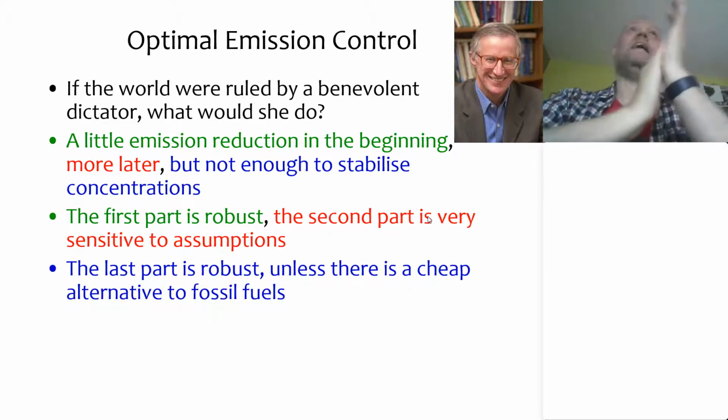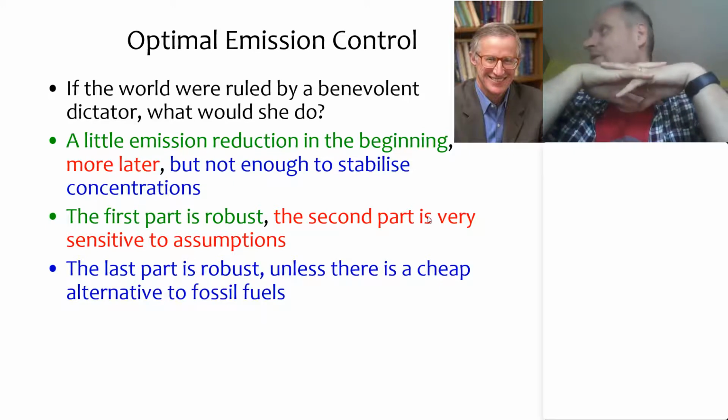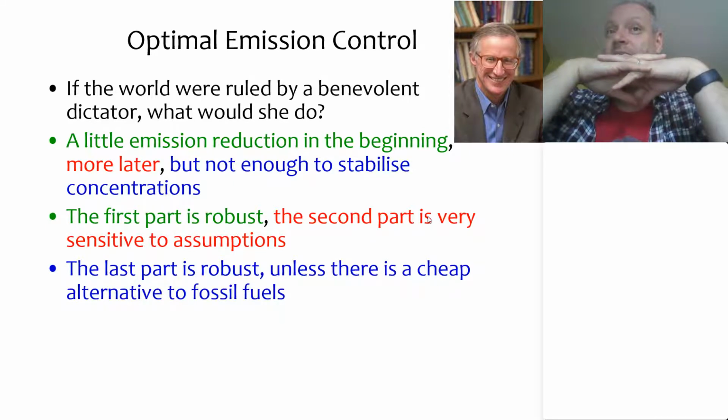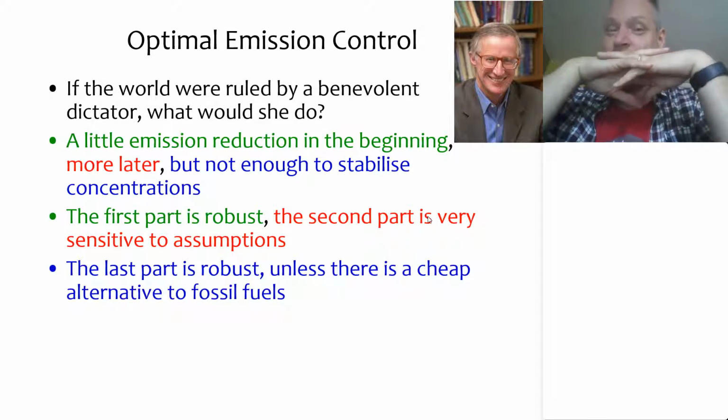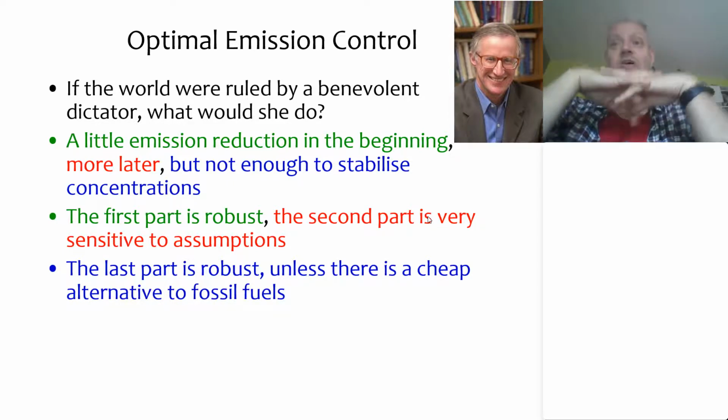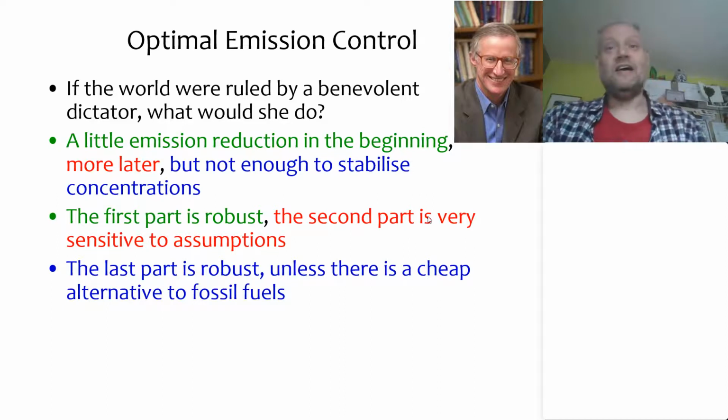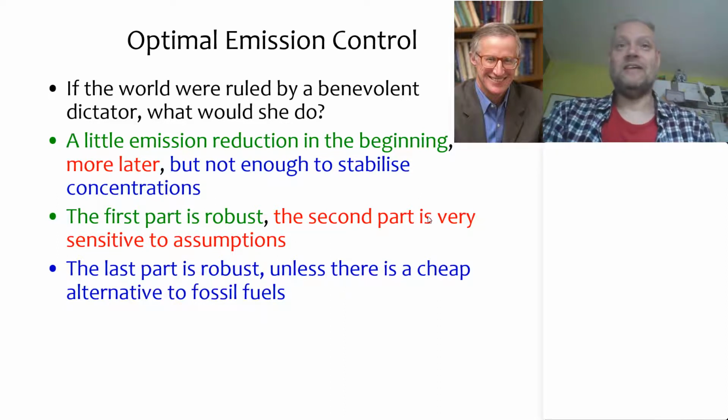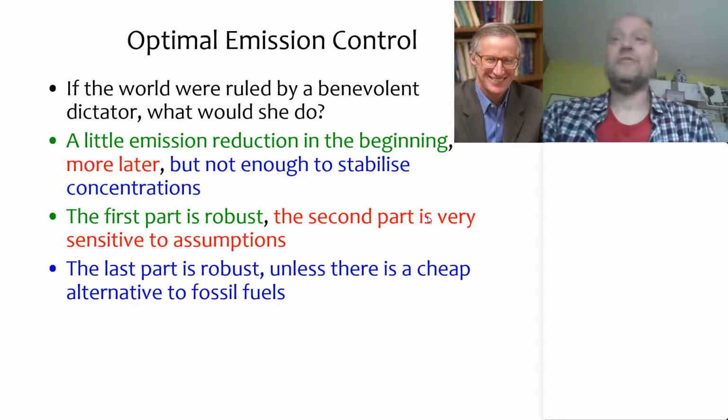The fact that you want to accelerate is very robust to however you configure your model. But how fast you want to accelerate is very sensitive to assumptions. So if you have a different discount rate, you would want to accelerate at a different pace. If you have different projections of the costs of renewables relative to fossil fuels, you would want to accelerate at a different rate.